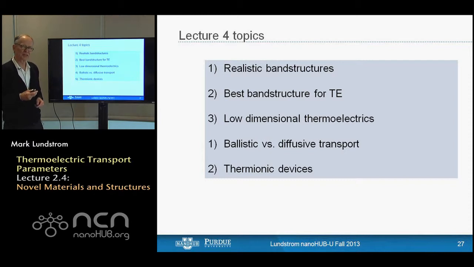The general trade-offs can be appreciated, but we're still trying to understand, is there a band structure that will give us distinctly better performance? We've seen that the way to think about reduced dimensionality thermoelectrics is mainly as a way to engineer the number of channels in energy space. We've learned how to think about ballistic and diffusive transport, and we've seen that thermionic devices are in many ways very similar to thermoelectric devices.